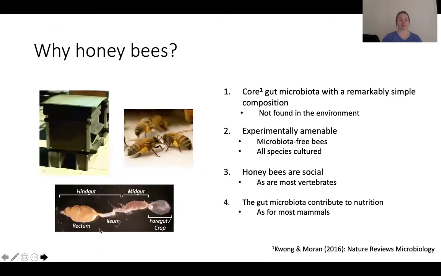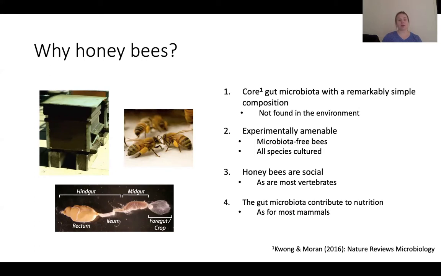So honeybees have been studied for many years, and they are very fascinating organisms in their own right. But in our lab, we also like to think that the honeybee is a good model for the study of a natural bacterial community. A couple of reasons for that. You may remember from my last lecture that I told you that most bacterial communities are very complex, containing many different bacterial species.